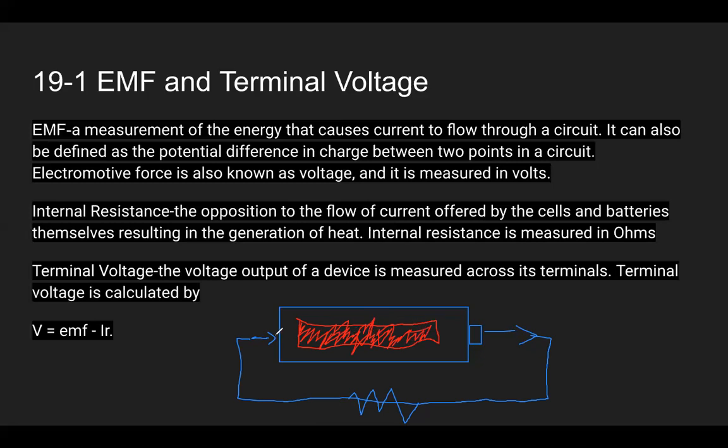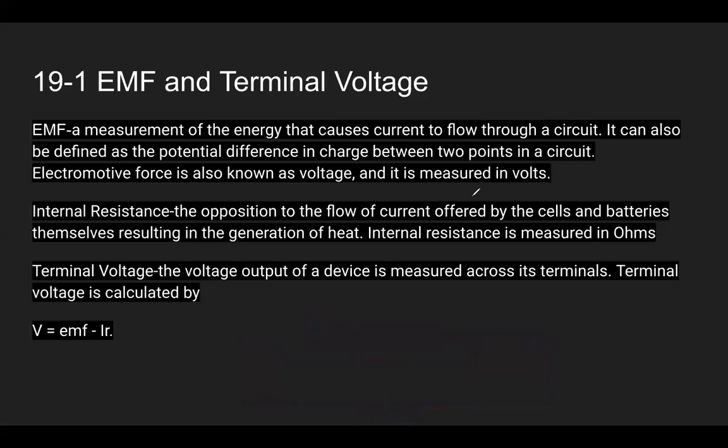So the energy produced isn't going to come out as exactly the same amount, because there's some resistance using up some of that energy. That can manifest as heat, which is why some batteries heat up.